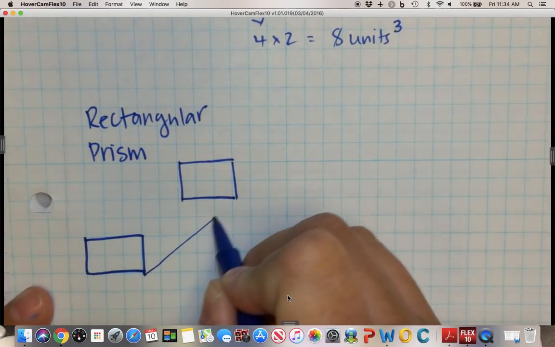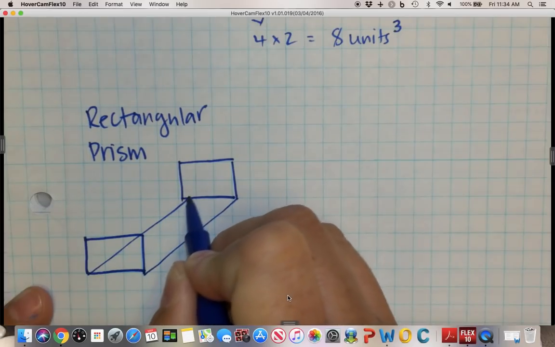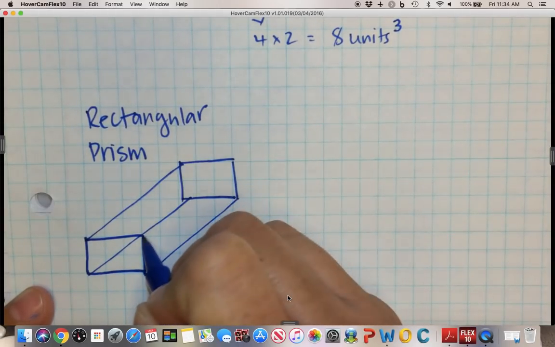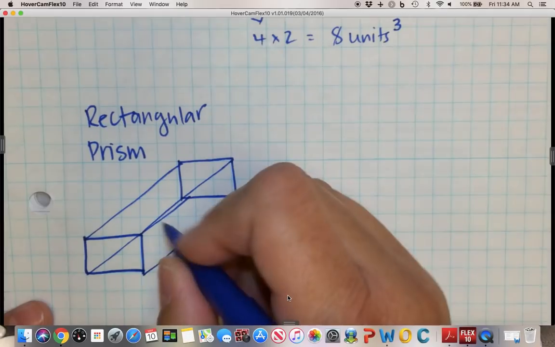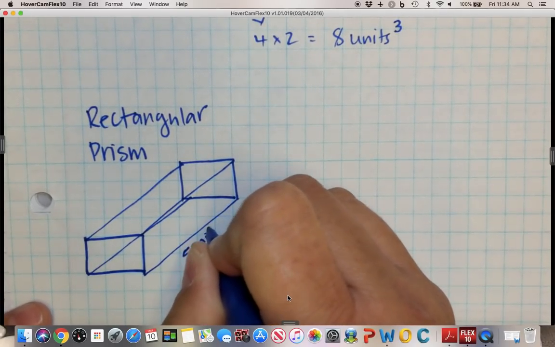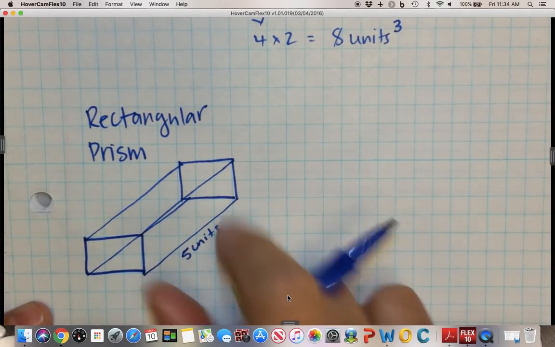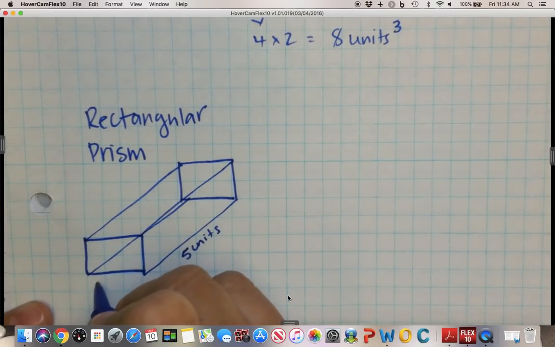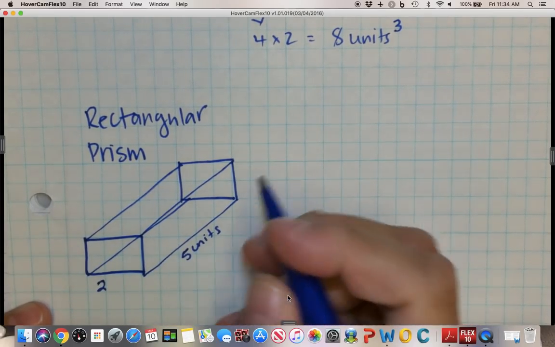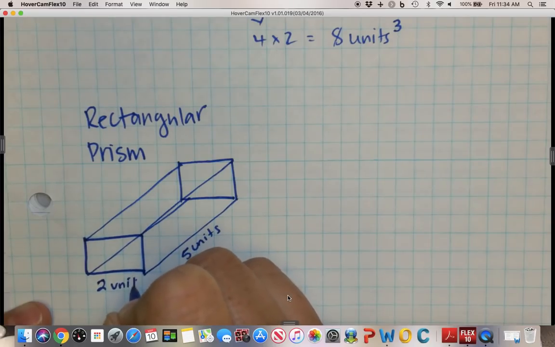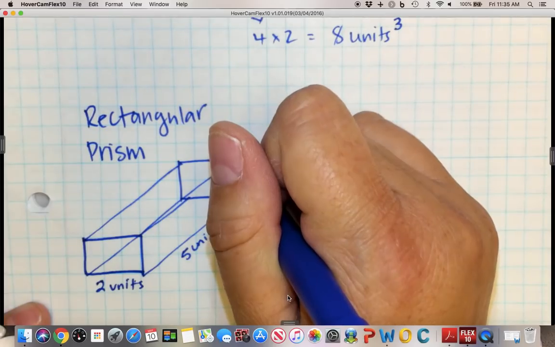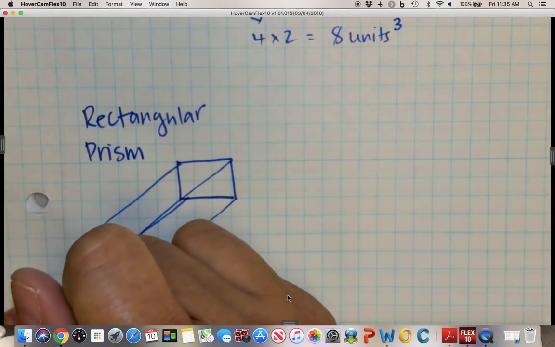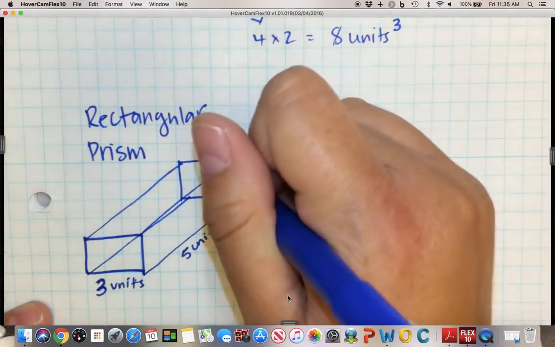And then I'm going to connect them. And I'm going to say this is 5 units. The width, the base is 2 units. And the height is, actually, this is 3. The height is 2.